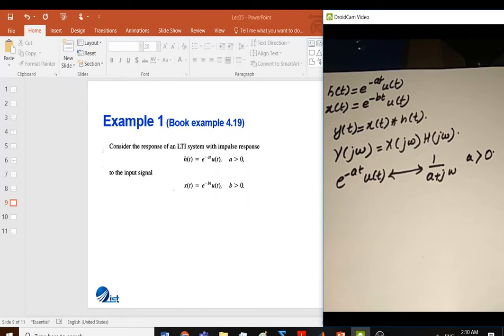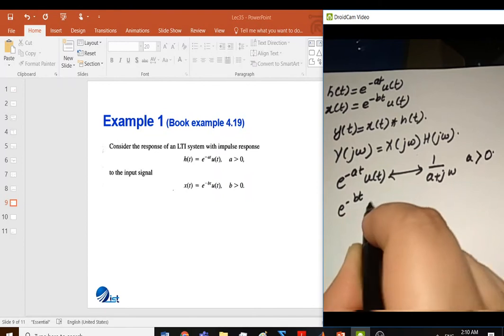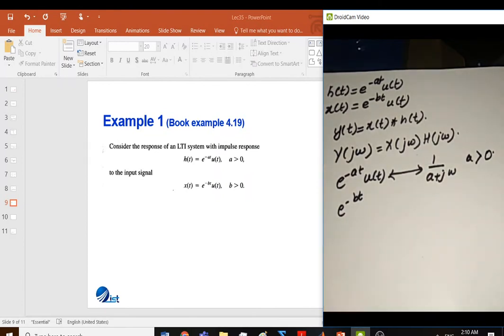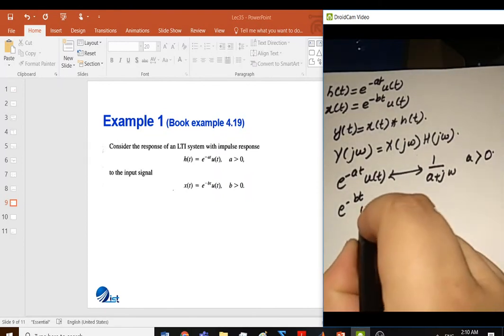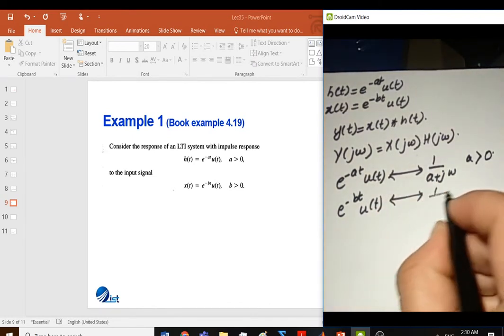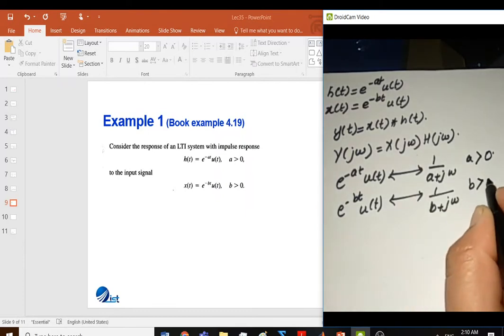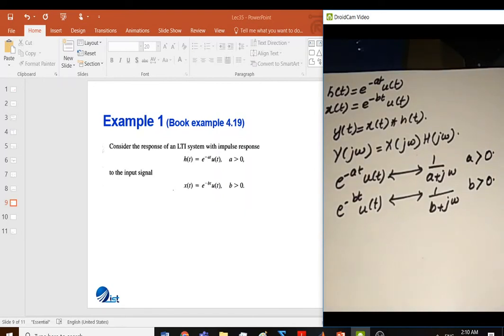Similarly, the Fourier transform for the input signal e raised to power minus bt u of t is 1 by b plus j omega, given b is greater than 0. This is given as an input condition, so we can simply use it.